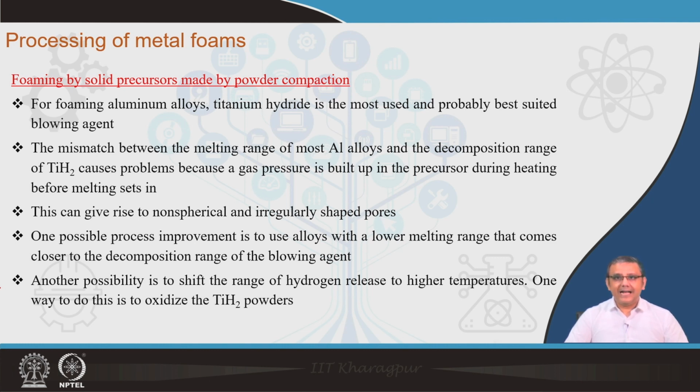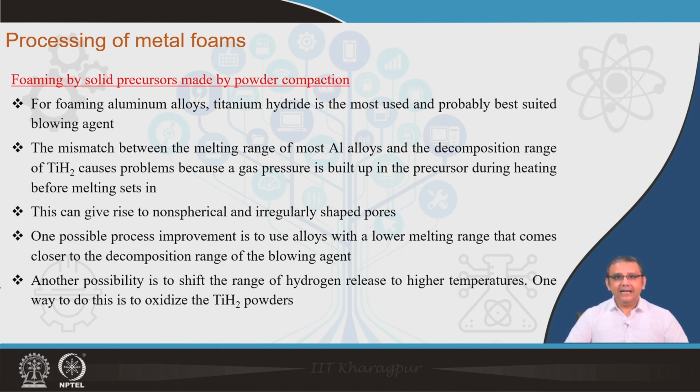To overcome that, many solutions have been proposed. One proposal is that we use a lower melting alloy, that means not pure aluminum, rather some aluminum alloy with a lower melting point can be used, and in that way the difference between the melting point of the alloy and the decomposition of titanium dihydride can be overcome.